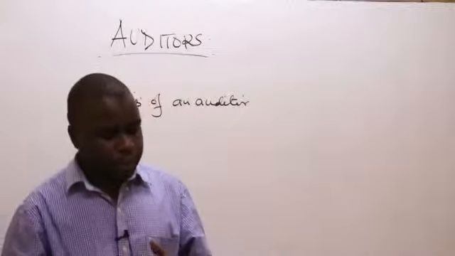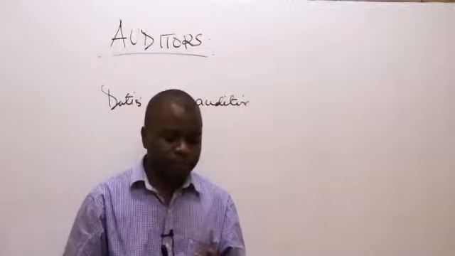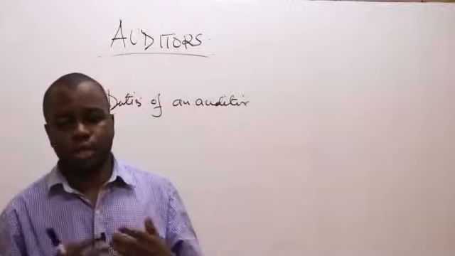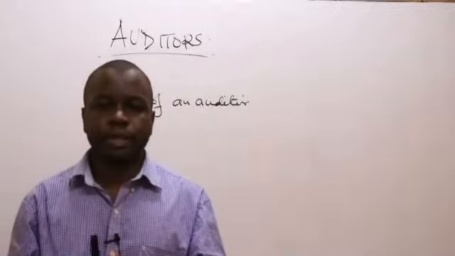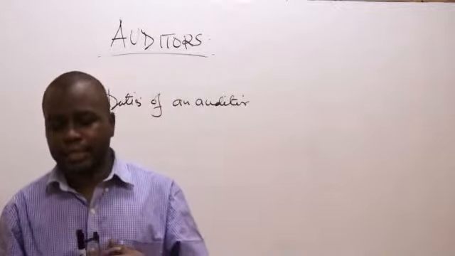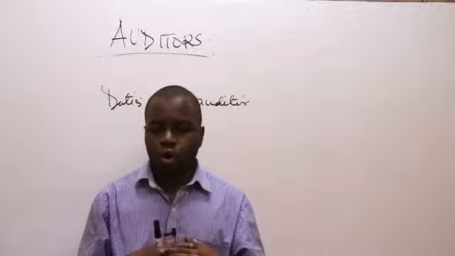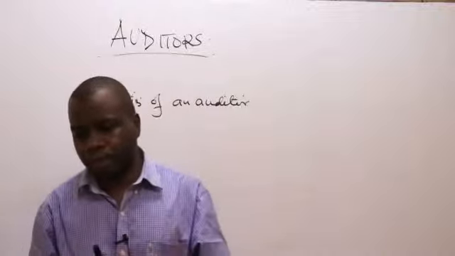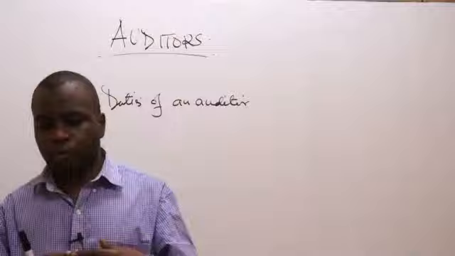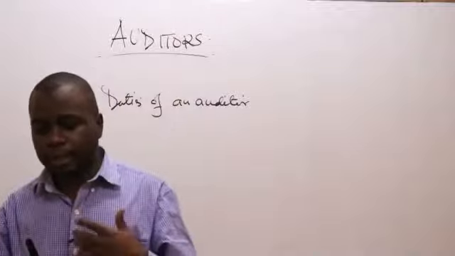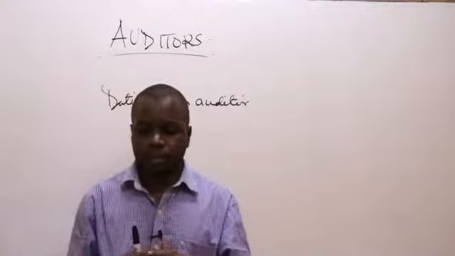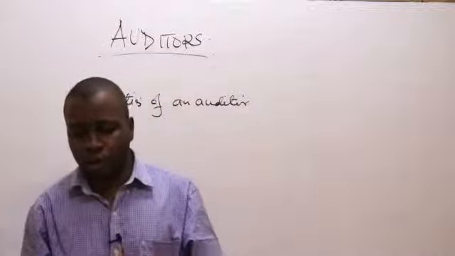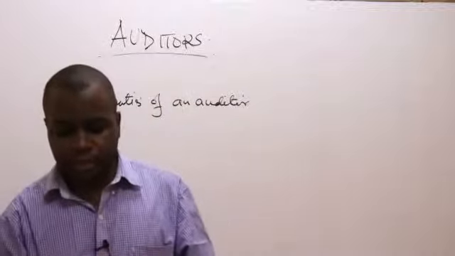Then number three, which is also very key, is to carry out his work with honesty and ensure that he's doing it with reasonable care and skill expected of a person of his profession, or of his capacity, while carrying out work as an auditor of any company.